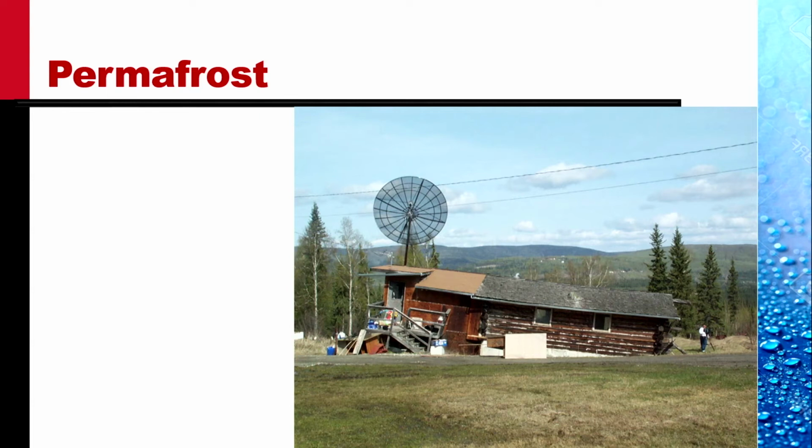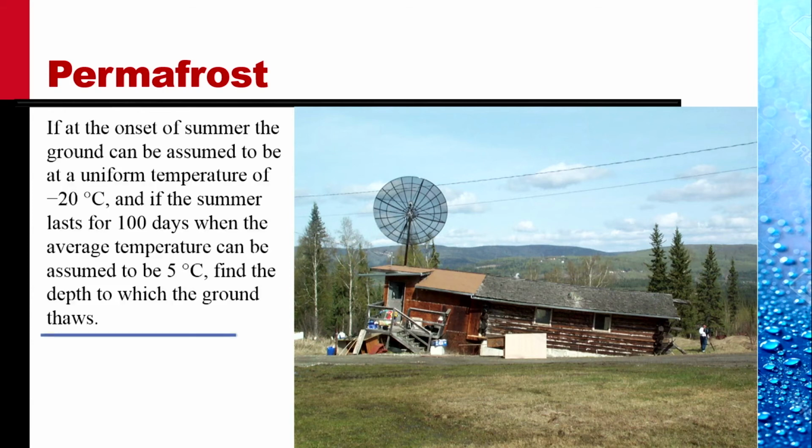In a calculation similar to that done in the last slide, we can find the depth of the permafrost for any given location. If at the onset of summer the ground can be assumed to be at a uniform temperature of minus 20 degrees Celsius, and if the summer lasts for 100 days, when the average temperature can be assumed to be 5 degrees centigrade, find the depth to which the ground thaws.